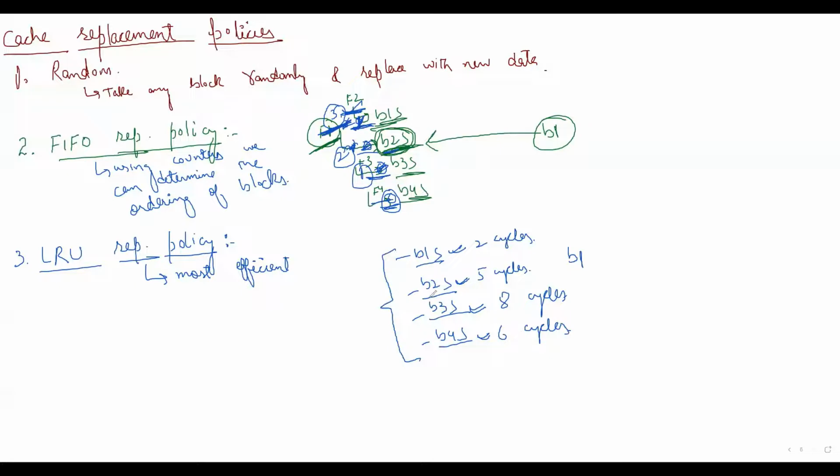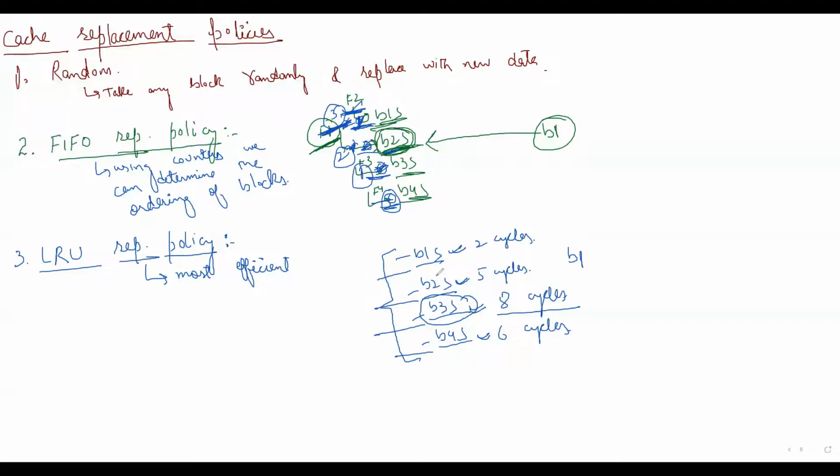Now, if I have to replace one of these, I will replace this. Why? Because it was least recently used. Okay. Fine. Now, the question is, how will we determine which one was the least recently used?